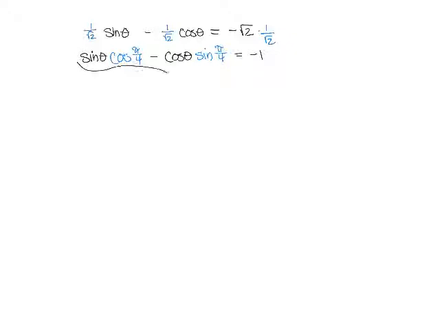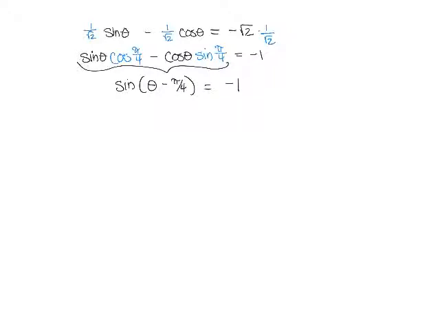Now we can look at this and say, hey, that is the difference of sine formula, right? So this is the sine of theta minus pi over 4 is equal to negative 1.